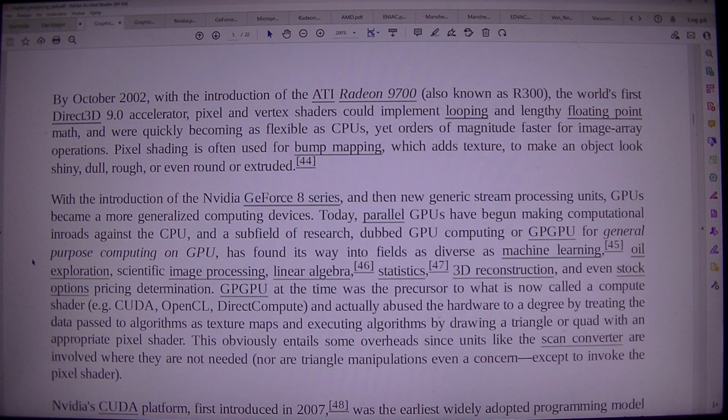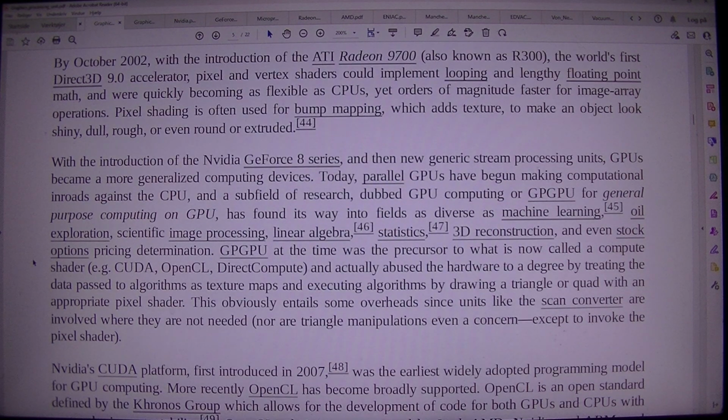By October 2002, with the introduction of the ATI Radeon 9700, also known as R300, the world's first Direct 3D 9.0 accelerator, pixel and vertex shaders could implement looping and lengthy floating point math, and were quickly becoming as flexible as CPUs, yet orders of magnitude faster for image array operations.